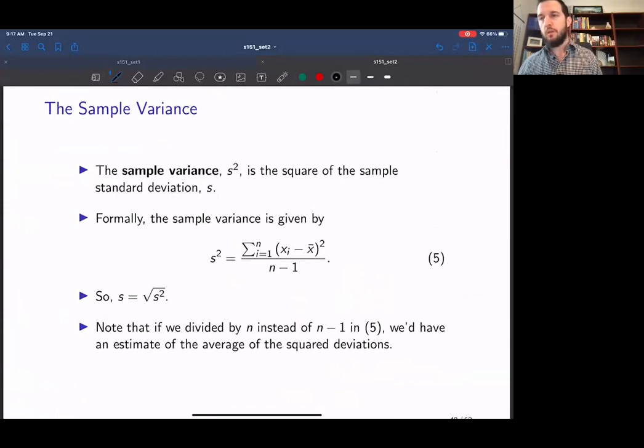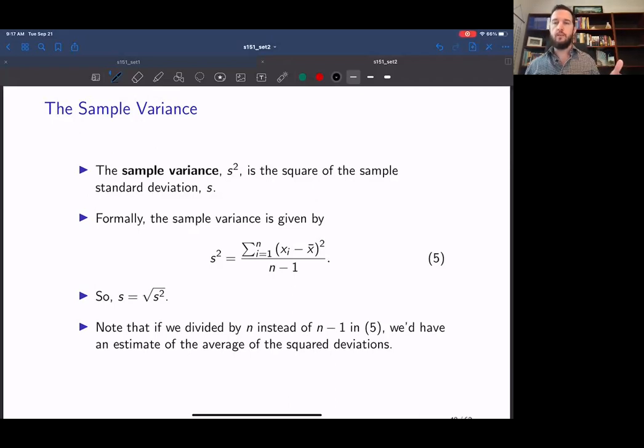It's not a measurement that we're going to see too often, but you can see that the sample variance is essentially just the square of the sample standard deviation. Right? So equation 5 is giving us the exact same formula as equation 3, except we're not square rooting.